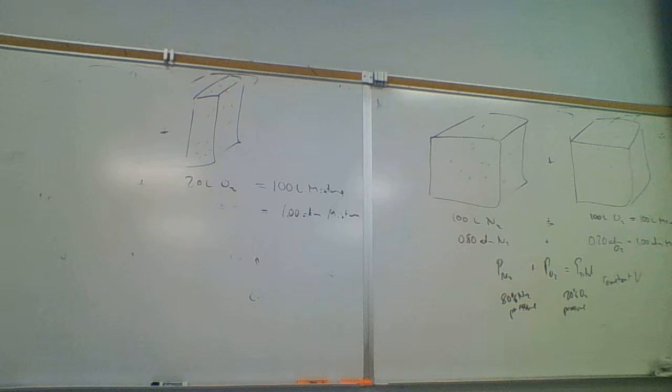So I would have 100 liters of nitrogen. If I have 100 liters of air, it consists of 100 liters of nitrogen, but at 80 atmospheres. That's what it is, because the nitrogen is free to go anywhere in this 100 liters.